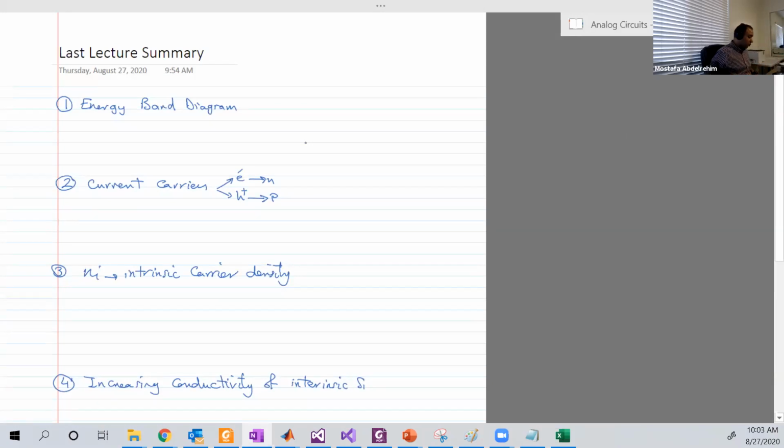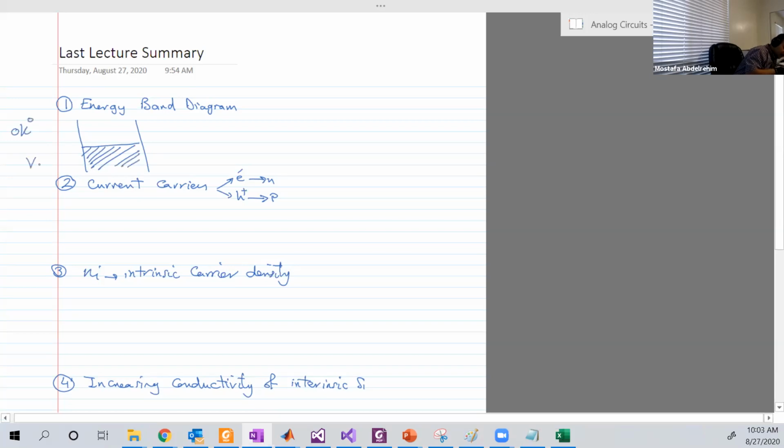So we took last lecture 4 main concepts. The first one is the energy band diagram. We see that, for example, for conductors like metals, you have at 0 Kelvin the valence band and the conduction band, and there is no gap in between.